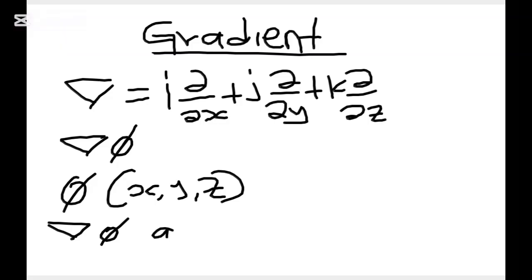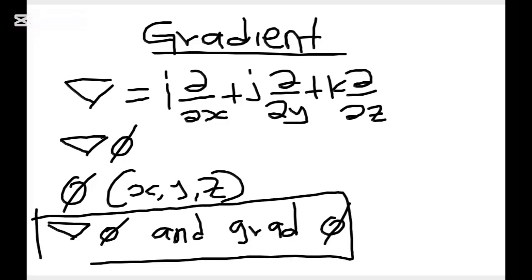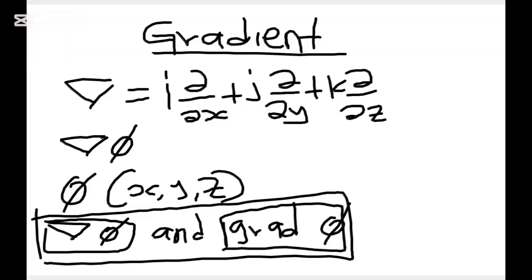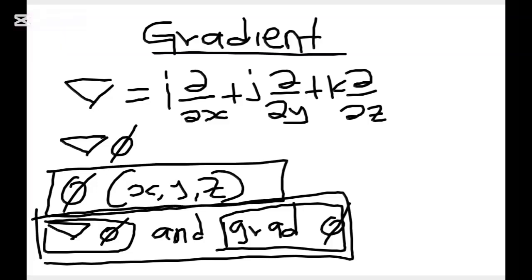Del psi and grad psi are all the same. I can give you a question that says find del psi or find grad psi. So it is all the same thing. You don't have to be confused. But you have to take note of what del psi is. Suppose I am given psi at the point x, y, and z.